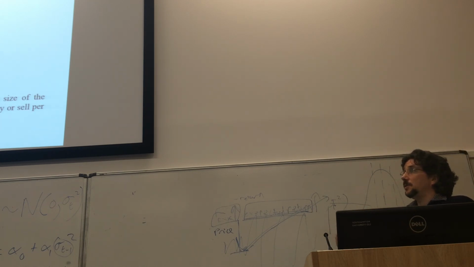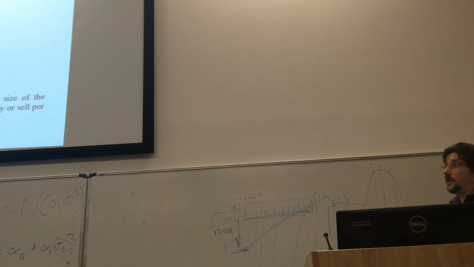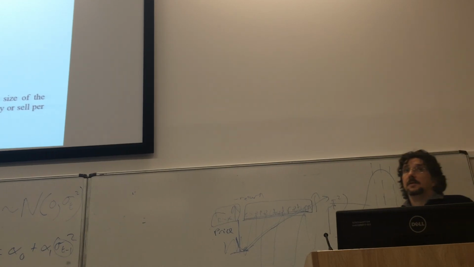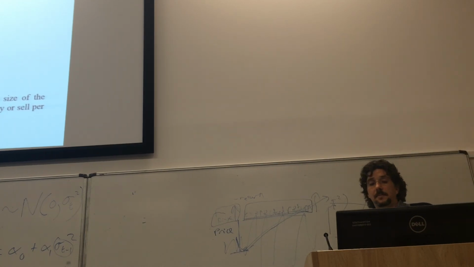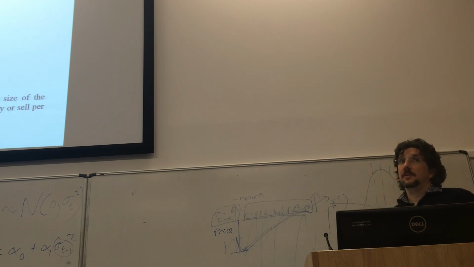So you calculate these dynamic hedge ratios, and those are based on your estimate of what the volatility is going to be. And a better estimate of volatility will improve that dynamic hedging.